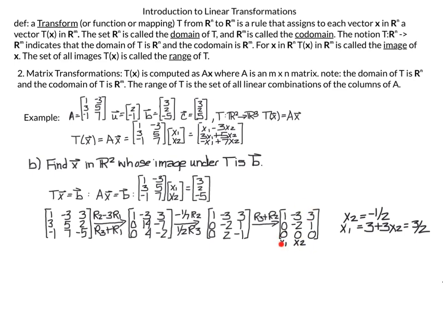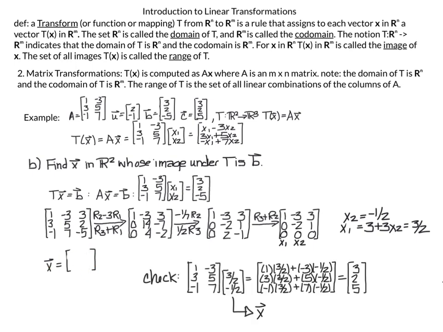We row reduce it, and that tells us x2 is equal to minus 1/2, and x1 is equal to 3 plus 3x2, which is equal to 3/2. So here is my vector x, which is (3/2, -1/2).